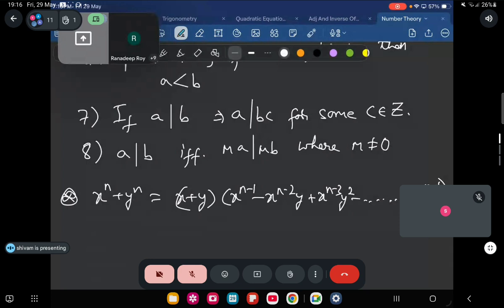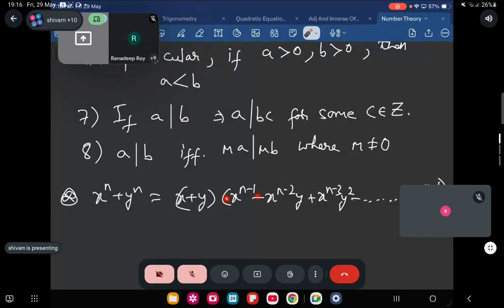Can you give me a reason? It alternates, once positive, another time negative. Because n is odd. Yes, if n is odd, n minus 1 is even. And if n minus 1 is even, then y should begin with a positive sign.